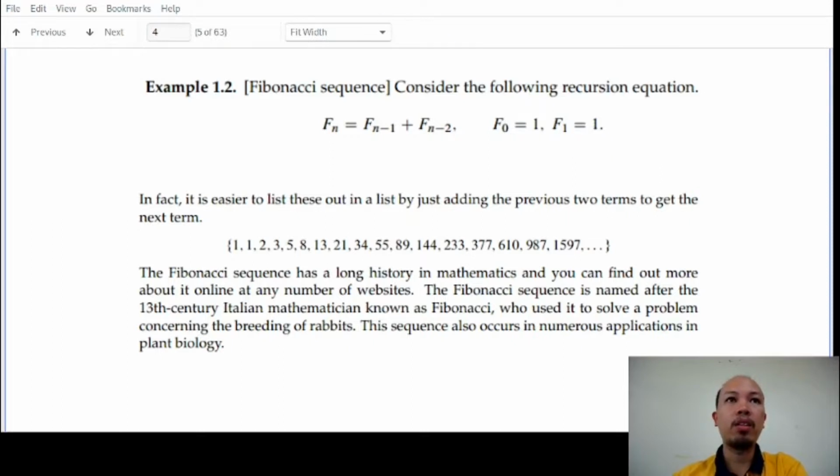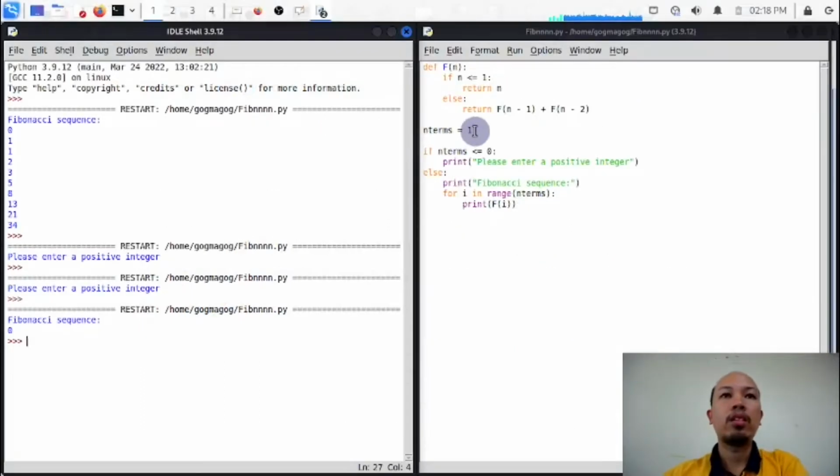So as your assignment, make a Python code for the Fibonacci sequence that starts at f sub 0 is equal to 1 and f of 1 is equal to 1. The first and second terms must be 1 1. That's your assignment.